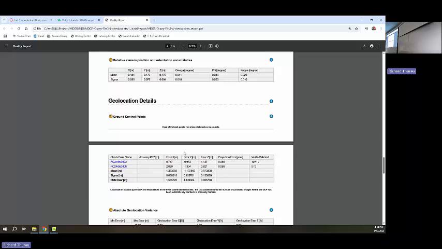All I really want to do for the rest of our time today is walk through updating the geotags. Right now, all this accuracy is based on two georeferencing elements in this report.